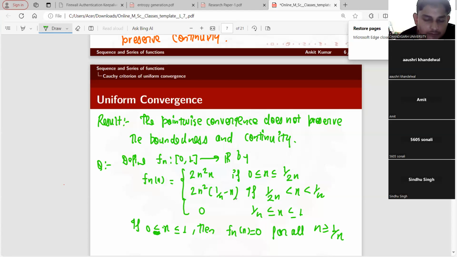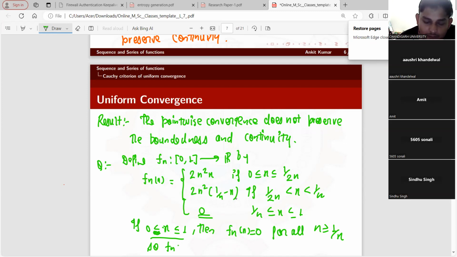How is this possible? If x lies between 0 and 1, then as the limit n tends to infinity, it tends to zero. When we take the limit n tending to infinity, fn(x) is 0 for all n greater than or equal to 1 by x.